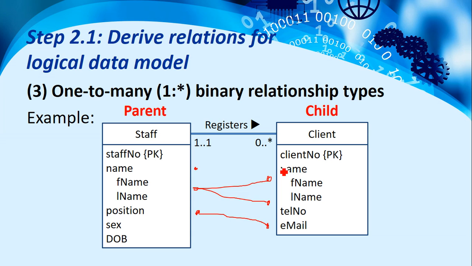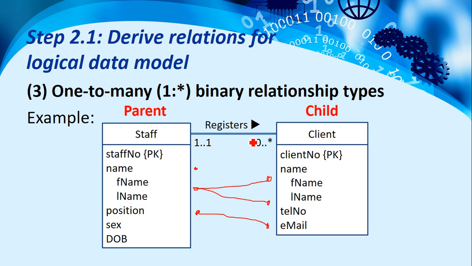Since the staff is the one side, and this one is the many side. Anyway, if this still doesn't make sense to you, you can just observe based on the multiplicity.